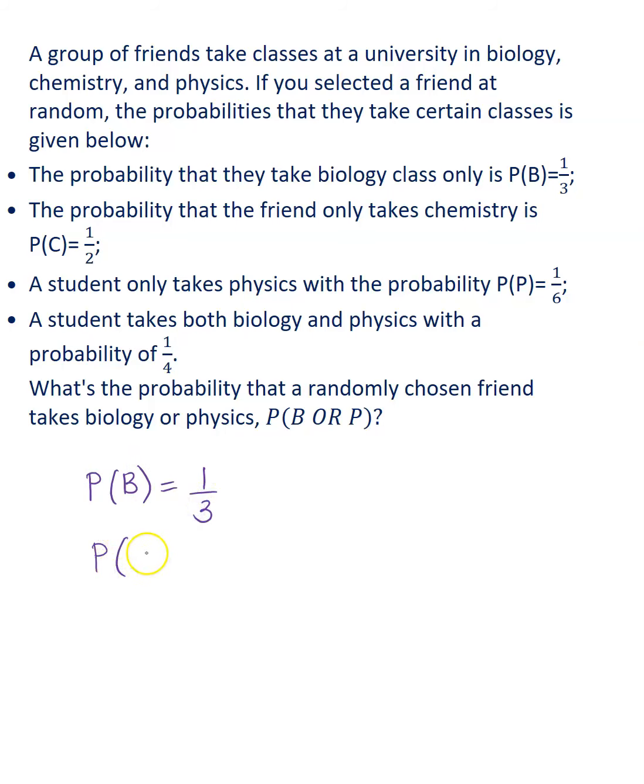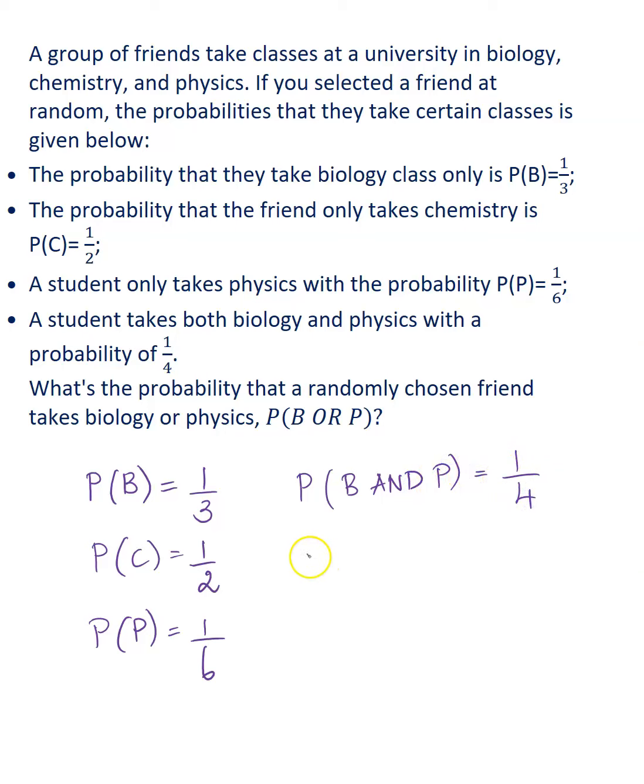Probability of taking a chemistry class only is 1 over 2. Probability of taking a physics class only is 1 over 6. Probability of a student taking both biology and physics, so B and P, is 1 over 4. And we're asked to find what's the probability of B or P.